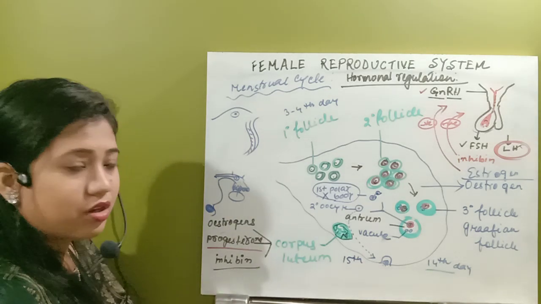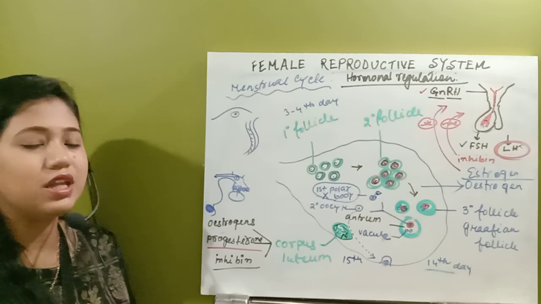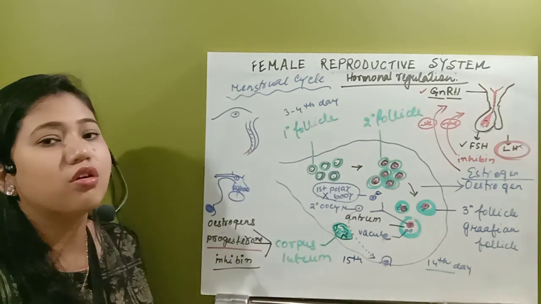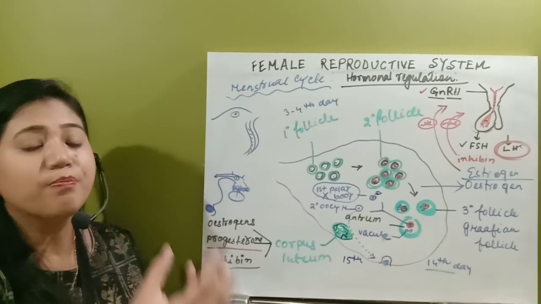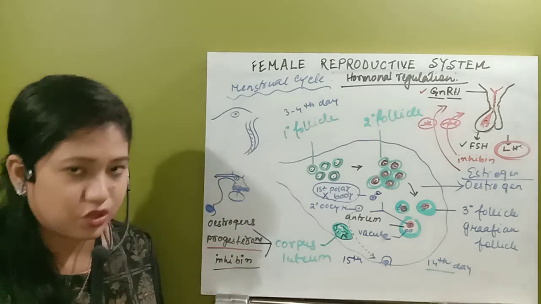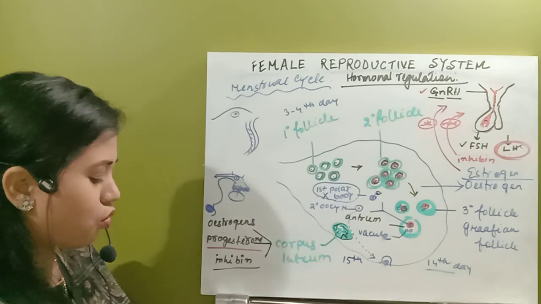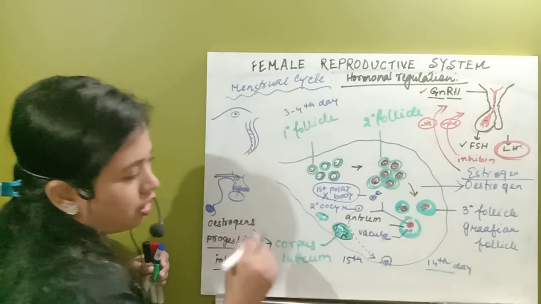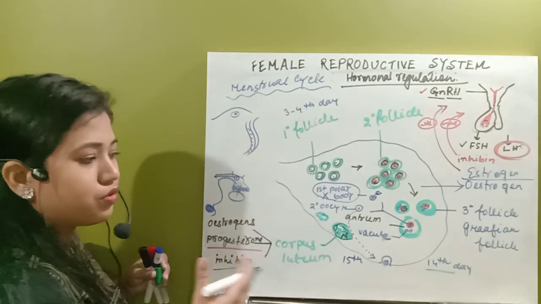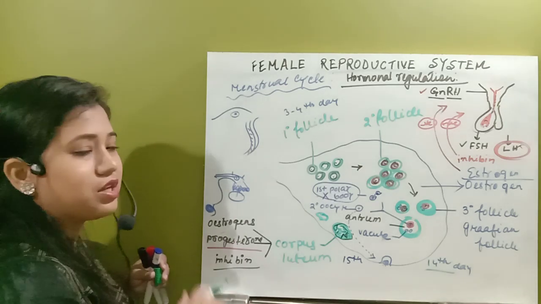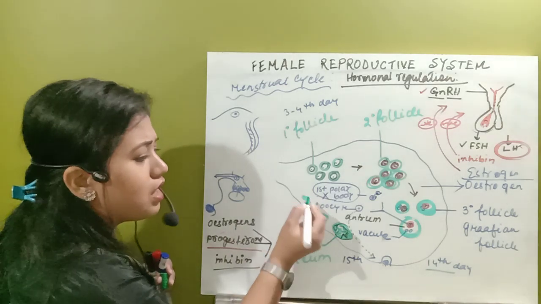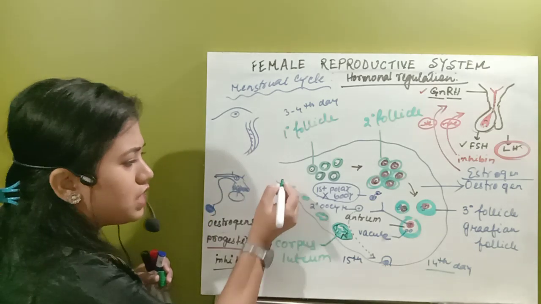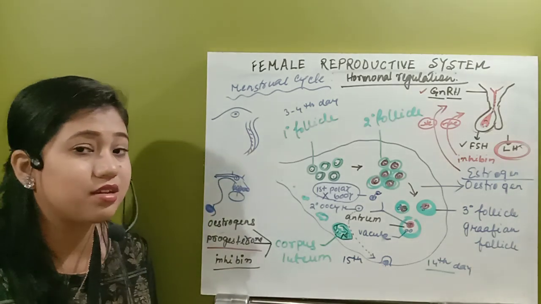So at that period of time, the corpus luteum no longer needs to release progesterone hormone because fertilization did not occur. The endometrium does not have to perform in the implantation process. So gradually this corpus luteum will start to degenerate. From around the 15th day it continues the release of progesterone hormone, but gradually from around the 20th, 21st, 22nd, up to around 28 days, it leaves just a scar.